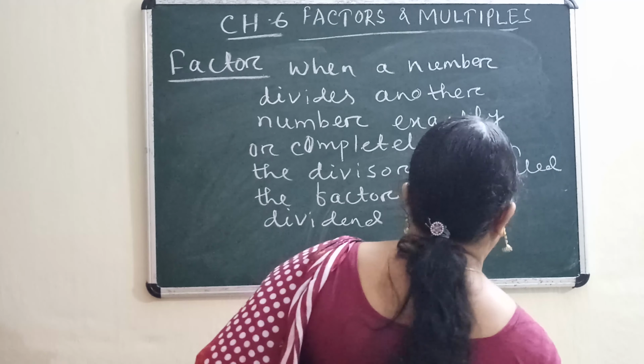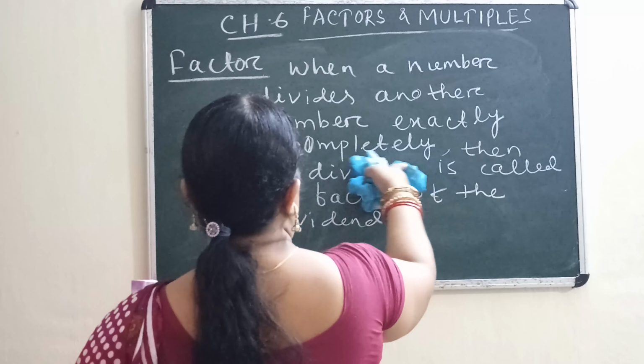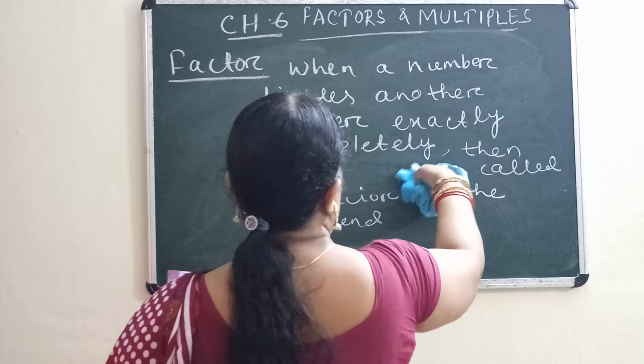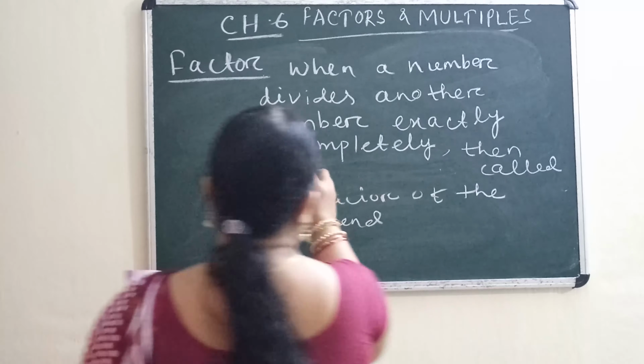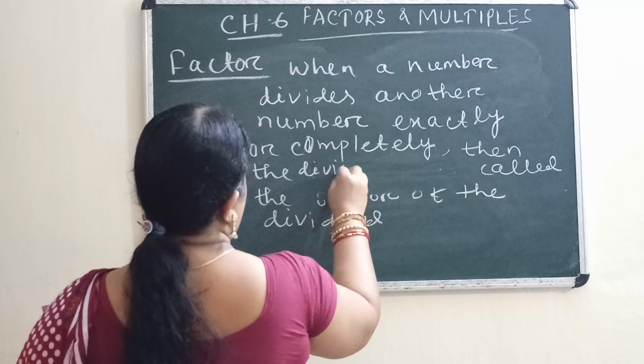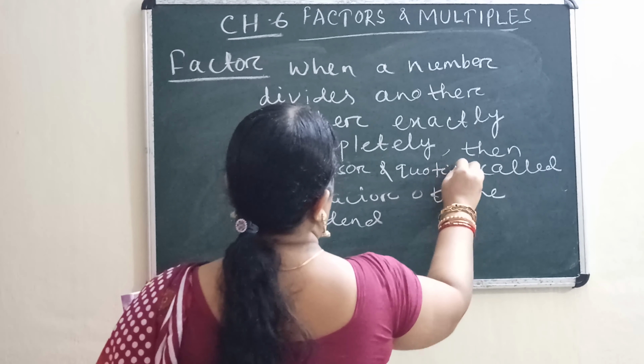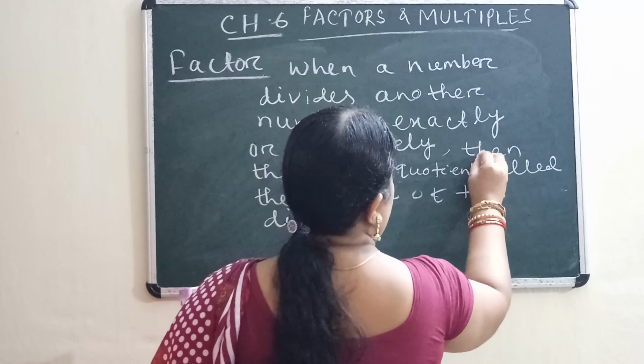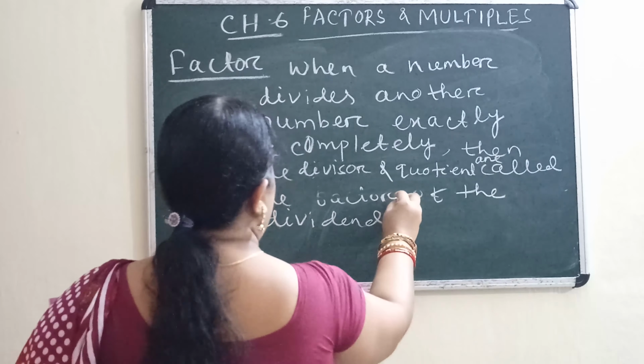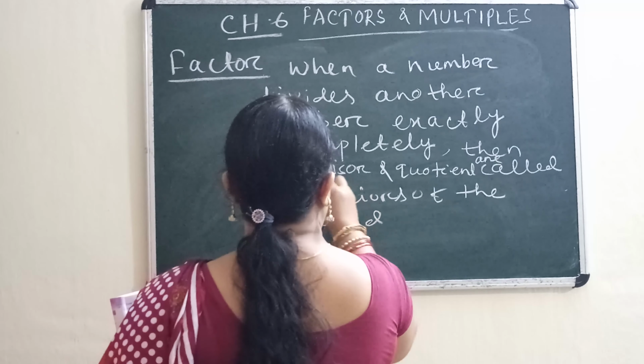Okay, you can say here the divisor and quotient, divisor and quotient are called the factors of the dividend.